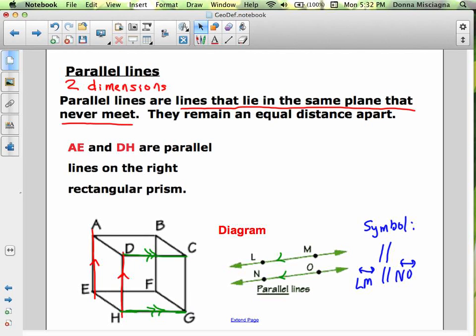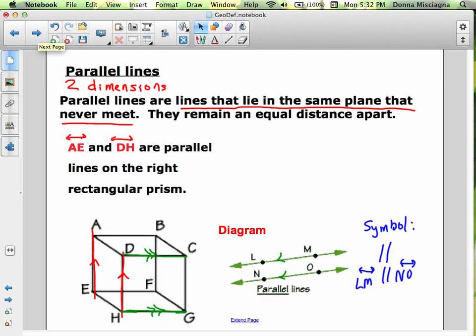So here we have AE and DH. If we want them to continue on forever and ever, they'd be lines. If we want them to stop, they'd be line segments. Let's make them go on forever and ever. Our parallel lines on the right rectangular prism. And we have a symbol for parallel when we want to show it on a diagram.